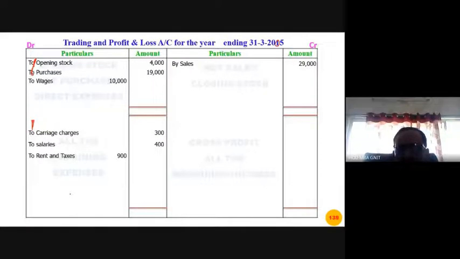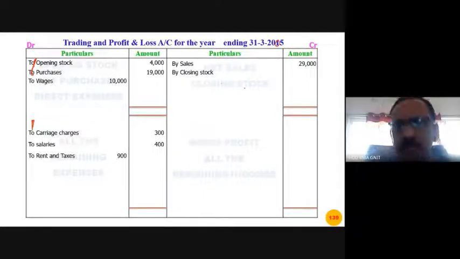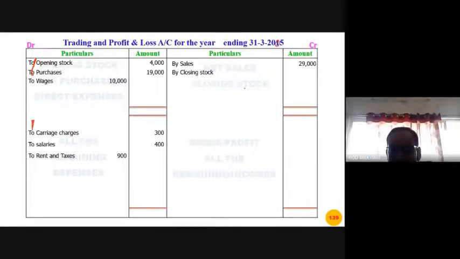Go to trading account. On the credit side, by closing stock. By closing stock. Here I have already given so hidden details. Okay. So closing stock amount 1200.